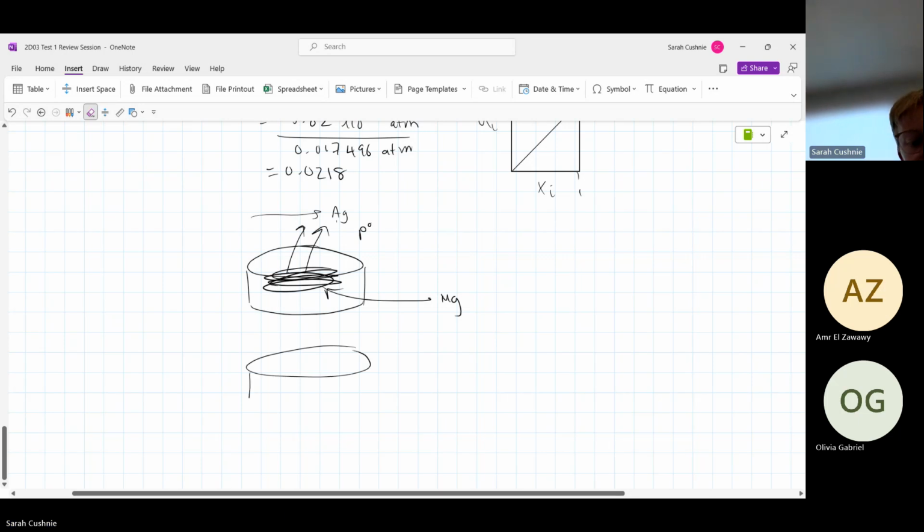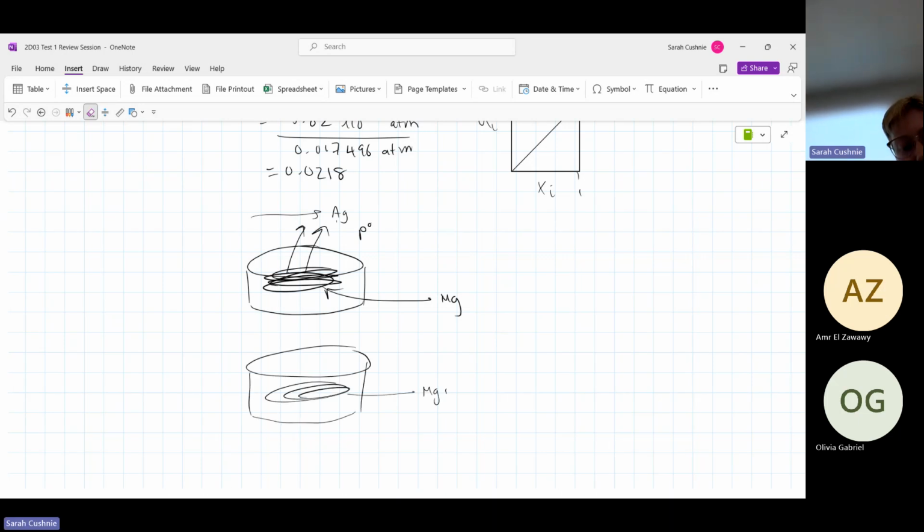But if we have a solution, so now we have Mg plus Cu, and we're passing argon over top. Now the magnesium is like, well, some of me wants to go, but some of me likes staying in solution. Not all of me wants to go up as much as I can.